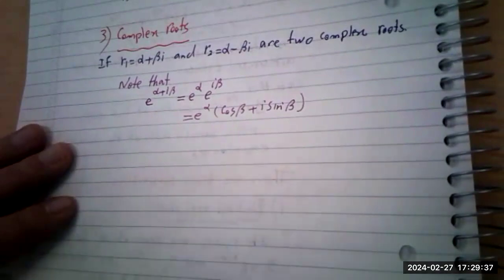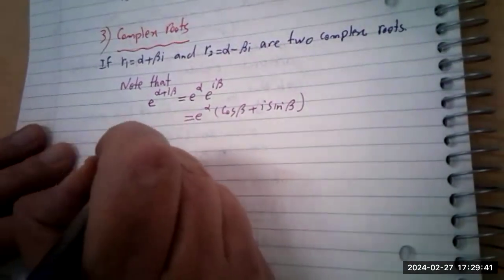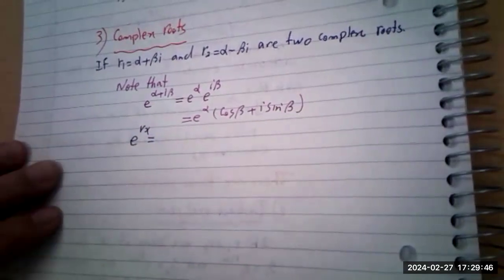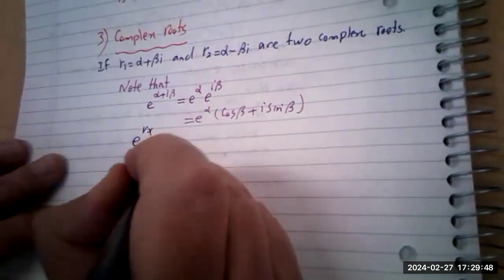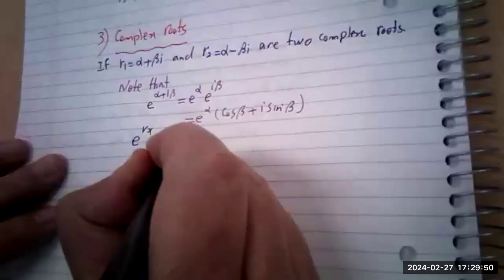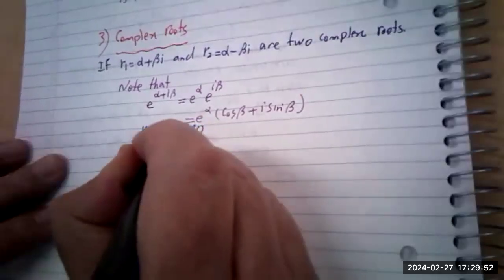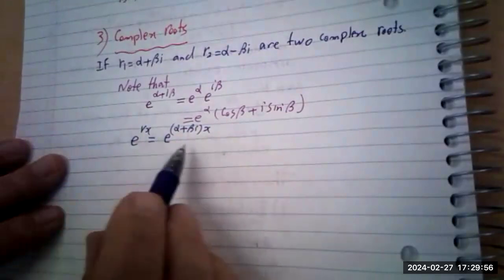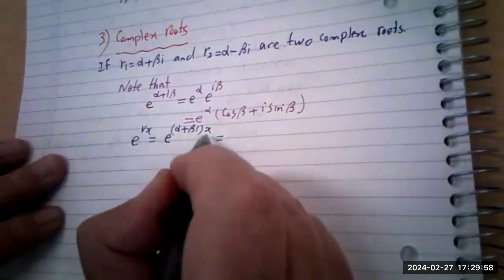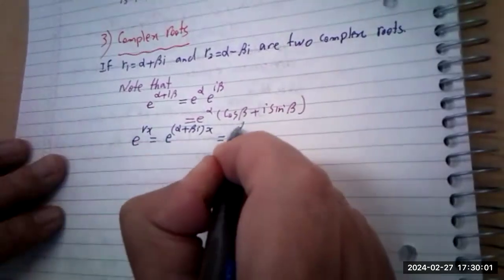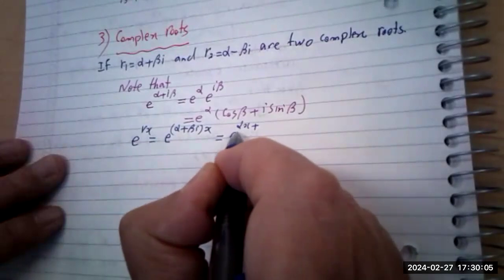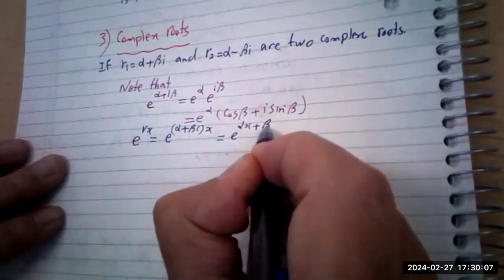Now let's see, our solution would be of the form e to the rx. Let's simplify this one. E to the rx would be e to the alpha plus beta i times x. So you multiply it together, so that will be e to the alpha x plus beta x i.